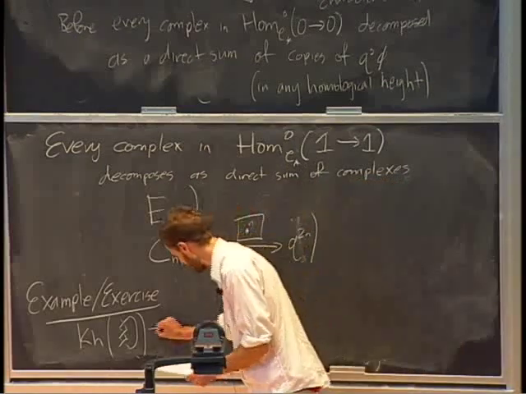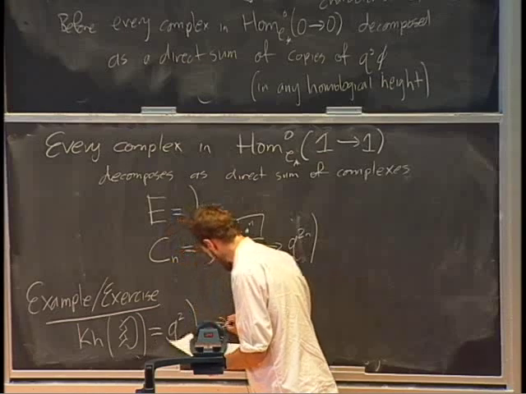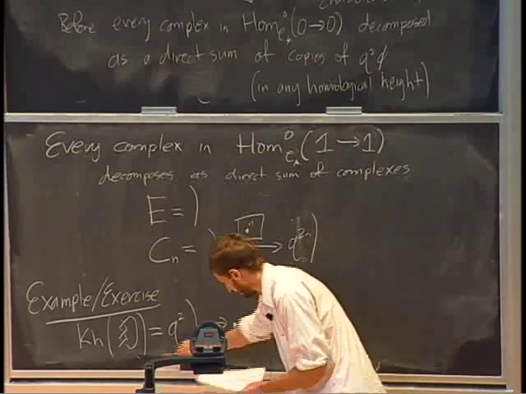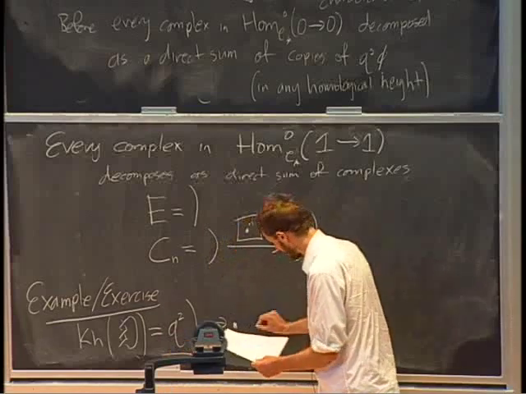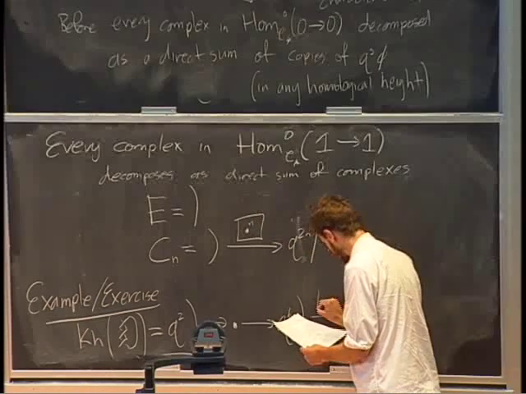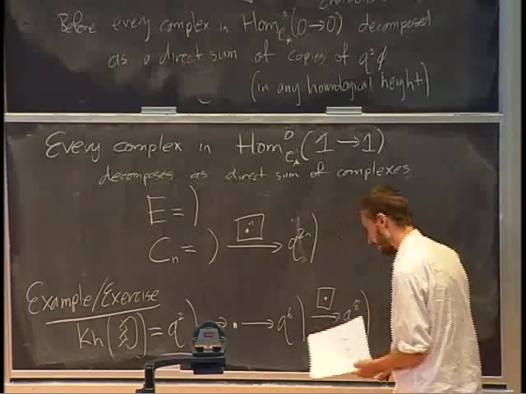The Khovanov homology here just looks like Q squared times a strand. Then there's no object here in homological height 0. No object here. Then Q to the 6 times a strand here. A sheet with a dot on it. And Q to the 8 times a strand here.